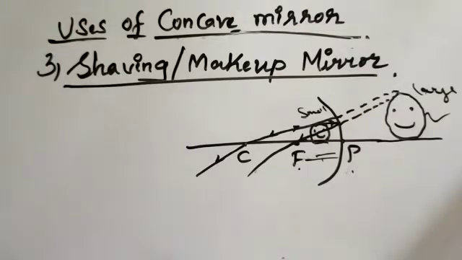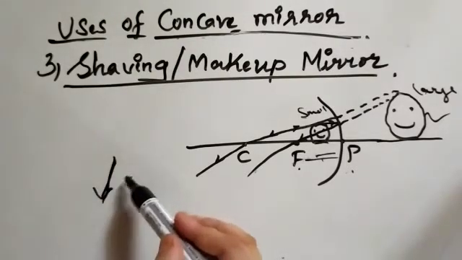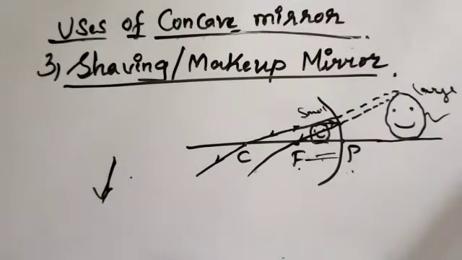When an object is at focus, the image will be formed at infinity. So the main requirement here is that the object should be kept between P as well as F. This is one of the important questions that will be asked: what type of mirror is used for shaving or makeup?